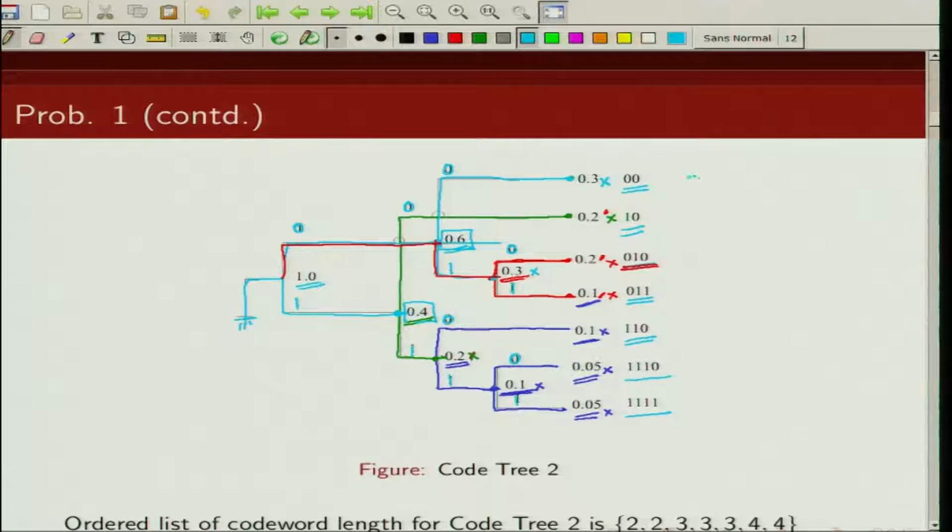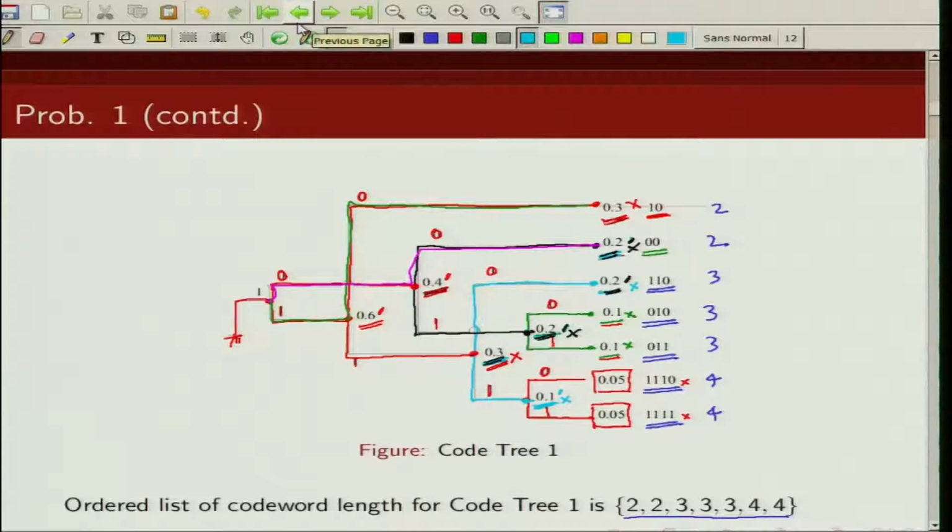So we have code words of length 2, 2, 3, 3, 3, 4, 4. The ordered list of code words has two code words of length 2, three code words of length 3, and two code words of length 4. If you compare with the previous Huffman code, this also had two code words of length 2, three of length 3, and two of length 4.